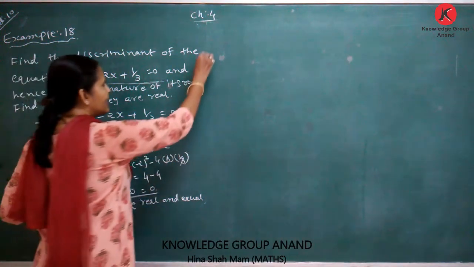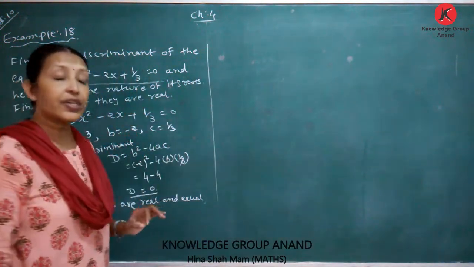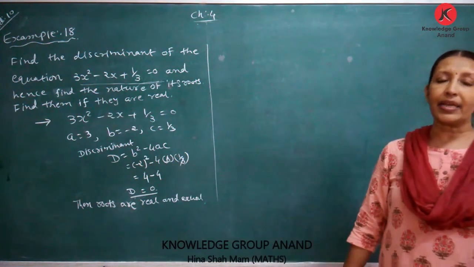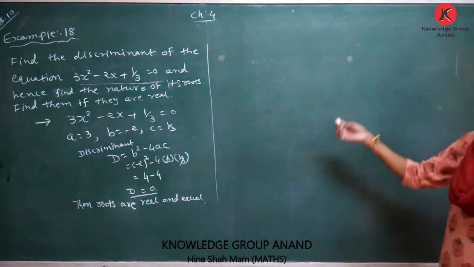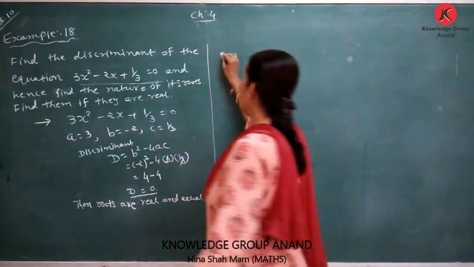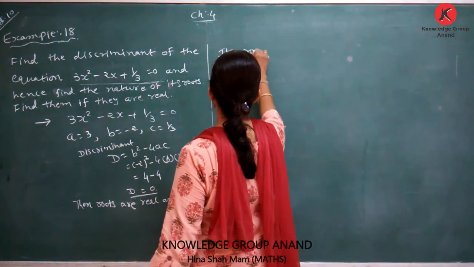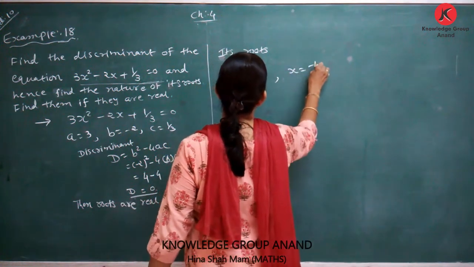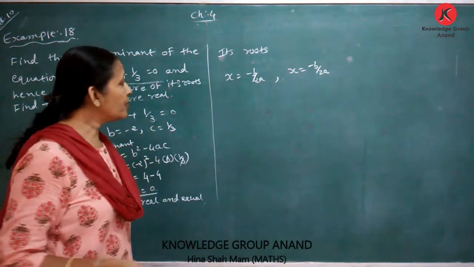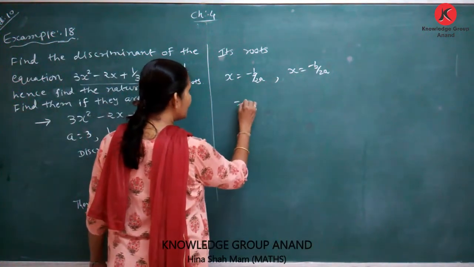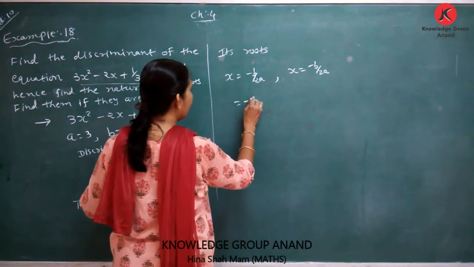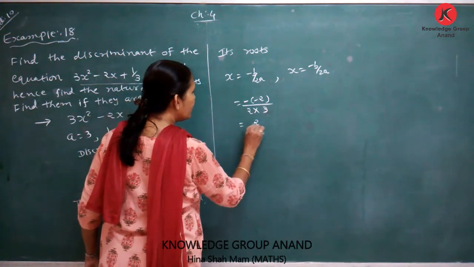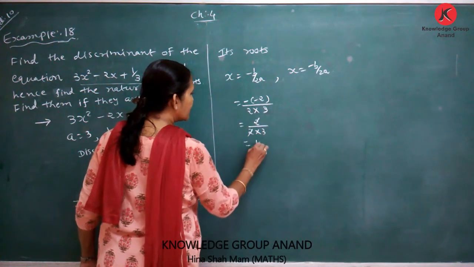We know the formula: x = (−b ± √(b² − 4ac))/2a, but simply, if D = 0, we use x = −b/2a. What is the value of b? x = −(−2)/(2 × 3) = 2/(2 × 3) = 1/3.